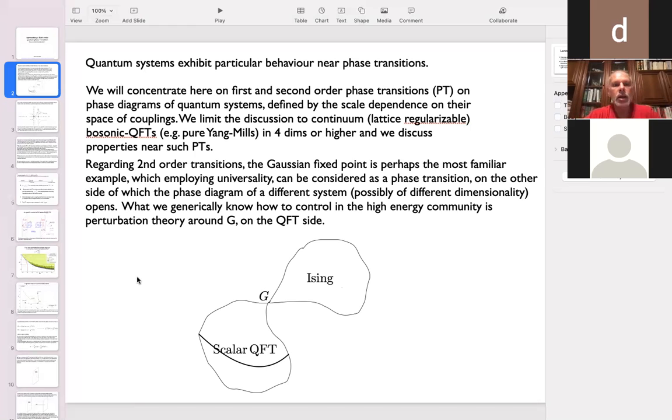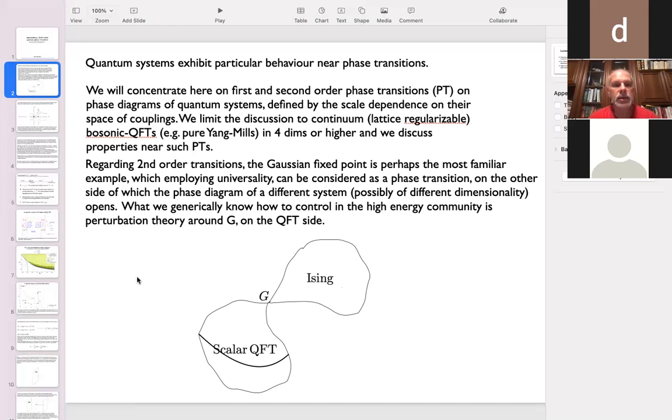However, if we extend a little bit the notion, we can think of the Gaussian fixed point as a second order phase transition by defining the 2 sides of the phase transition, except that in this case, there are not just 2 sides, there are an enormously large number of sides, just because of universality.